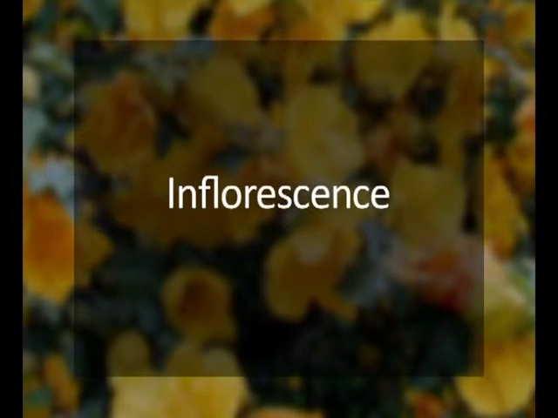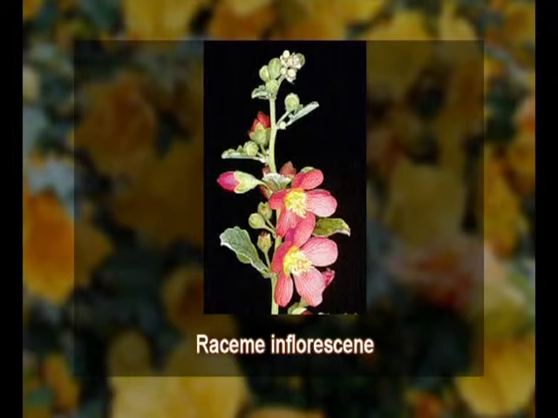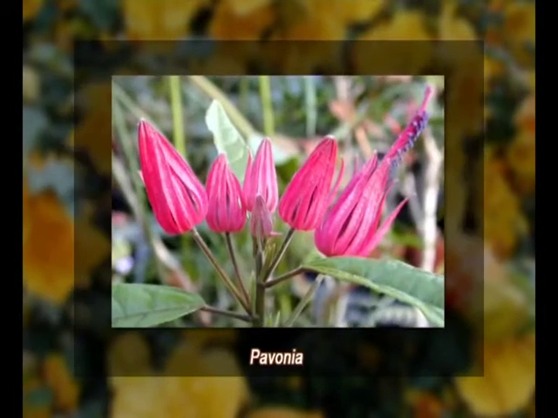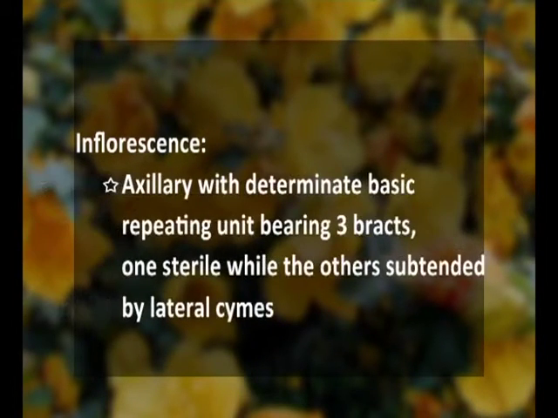Starting with inflorescence. The inflorescence is here a raceme, or rarely we see also cymose. The example is Paeonia. Sometimes this inflorescence is characteristically reduced into a solitary flower that is axillary with a determinate basic repeating unit which bears 3 bracts.